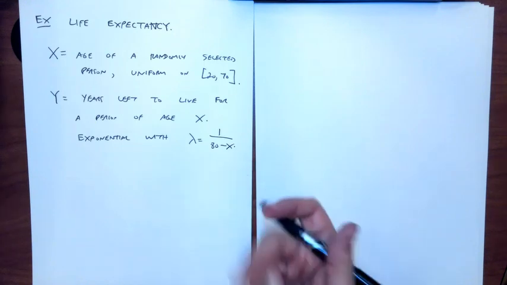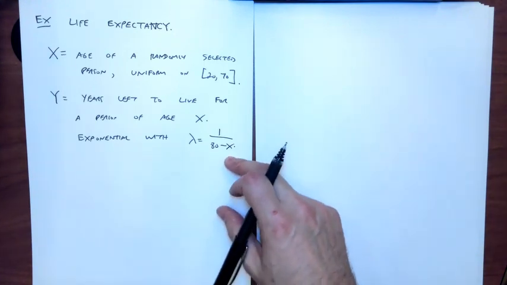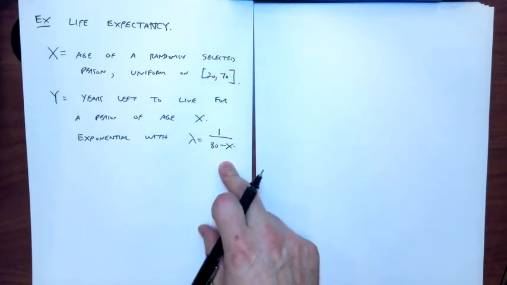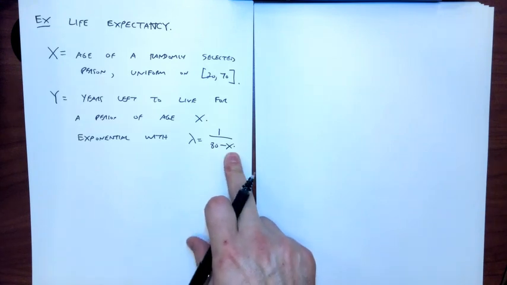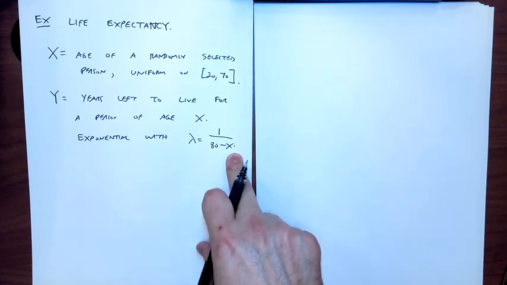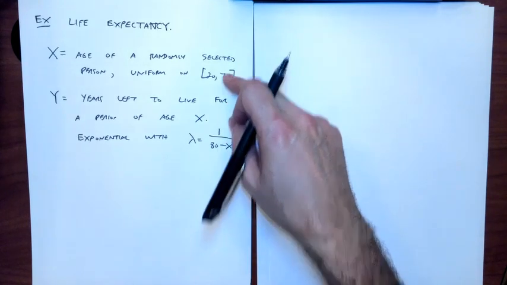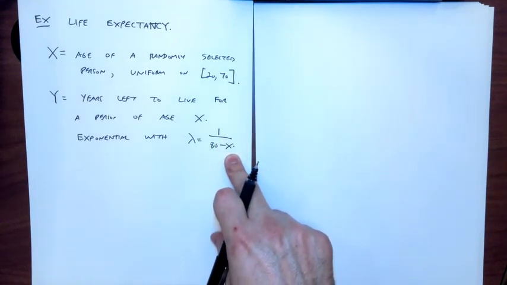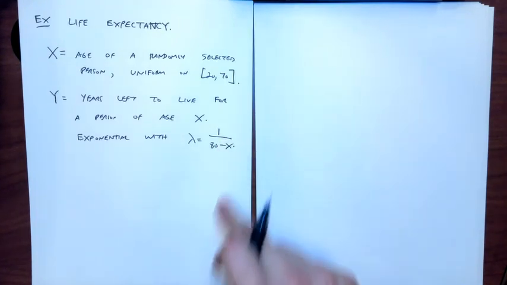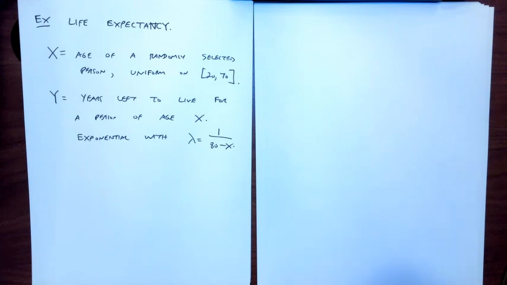So let's think about this. This is just kind of like saying that if you were 20, the conditional PDF is exponential with mean 60, long time to live. If you're 70, then the conditional PDF of years left to live is mean 10, which kind of makes sense. The older you are, unfortunately, the fewer years you have left to live.